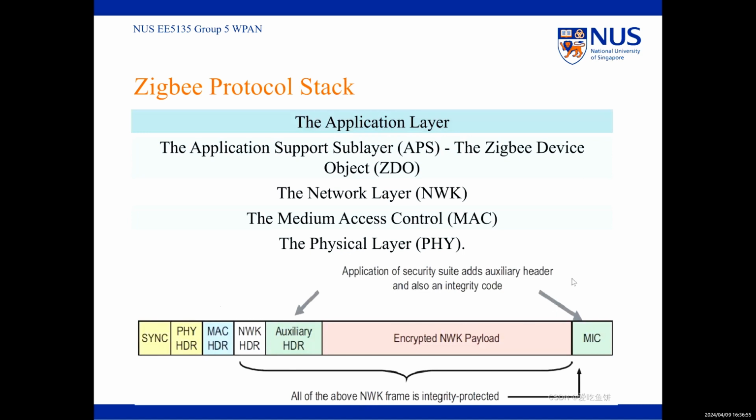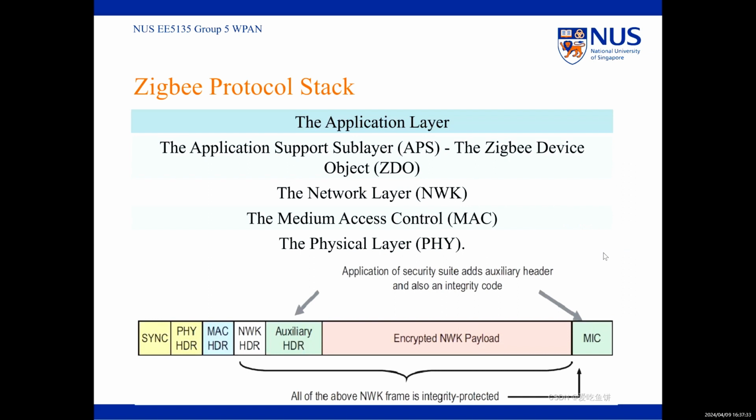The ZigBee protocol stack can be divided into these 5 layers. The physical layer is responsible for handling the transmission and reception of data using radio frequencies, supporting different frequency bands and modulation schemes. The media access control layer is used to manage access, addressing, and frame control of the communication media.